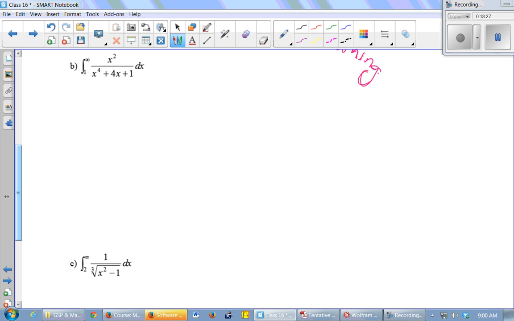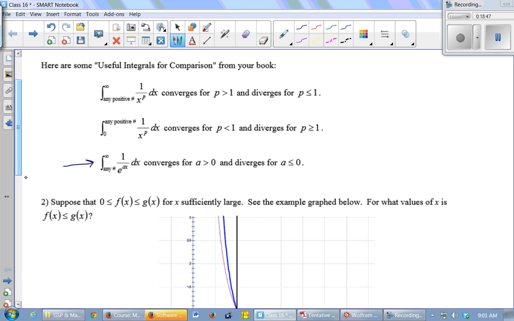So if I want to know whether this converges or diverges, I have to compare it to an integral whose behavior I know. What function do you think we should compare to? 1 over x squared, yeah. I mean, I only have two choices, right? There are only two functions right now whose convergence or divergence I know: 1 over x to the p and 1 over e to the ax. So it's got to be 1 over x to the p.